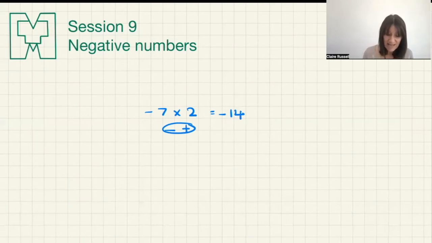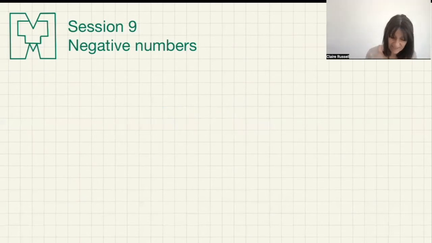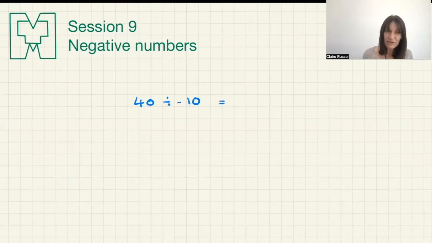So let's do a divide question, but you can have a go at this. We're going to do 40 divided by -10. I want you to hit pause, press play when you're ready. Okay, so if I just do the numbers, 40 divided by 10, how many 10s in 40? It's 4.